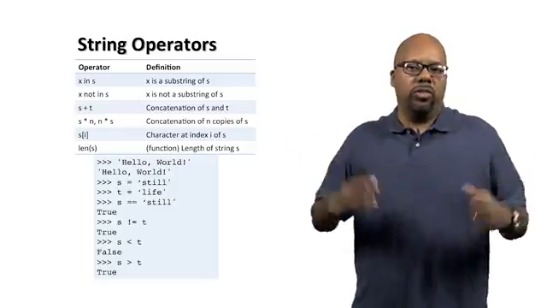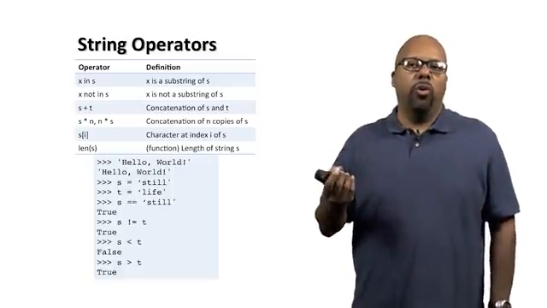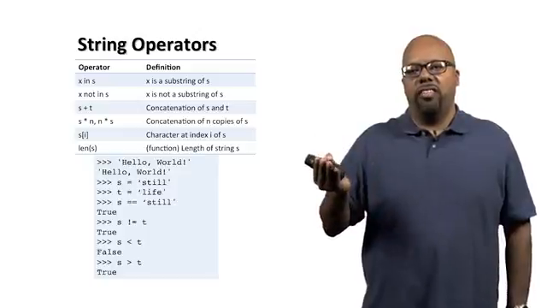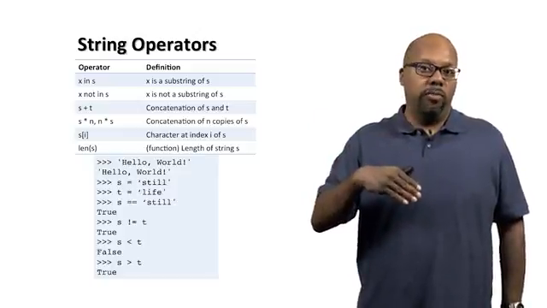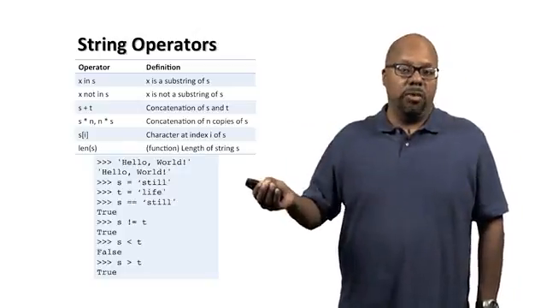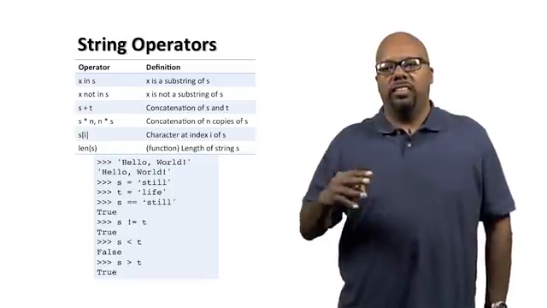They're not equal, so it returns true. s less than t and greater than t, that's basically alphabetical order. And since s is still and t is life, life is earlier in the alphabet than still. So life is actually less than still by that ordering. So when you say is s less than t, it's false, and t less than s is true.